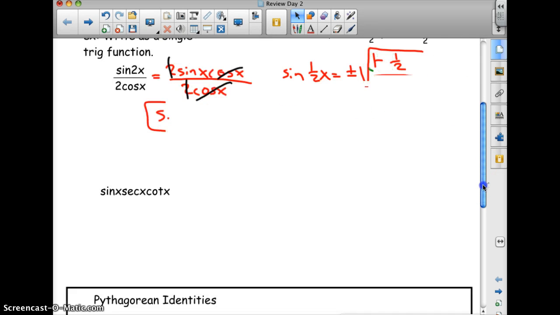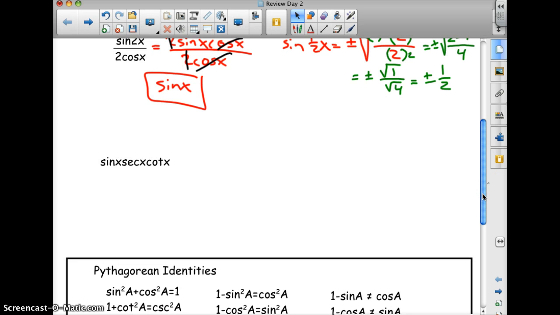There we go. Okay. Next, sine x, secant x, cotangent x. The key to this is trying to write these all in terms of sine and cosine. Well, this one already is sine x, so I keep the sine x. And then times secant x, which is 1 over the cosine of x. And then cotangent x, now that's 1 over the tangent.